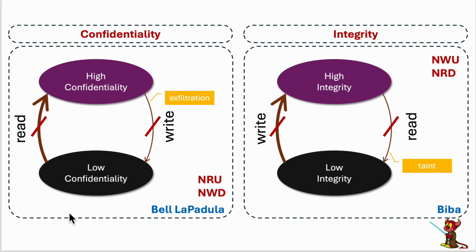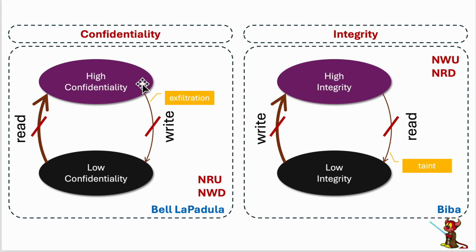To guarantee confidentiality, the most important thing is that the processes that are running with low confidentiality are not able to read the documents with high confidentiality. That is the raison d'être of secret documents.